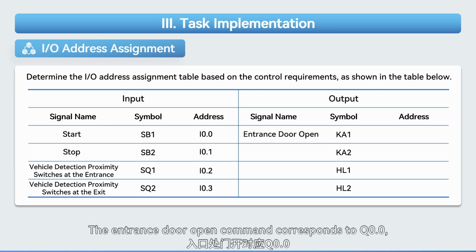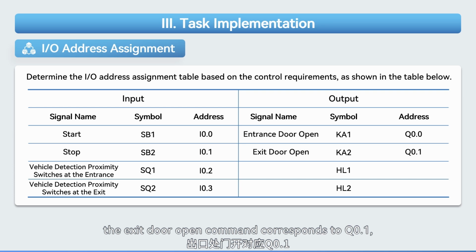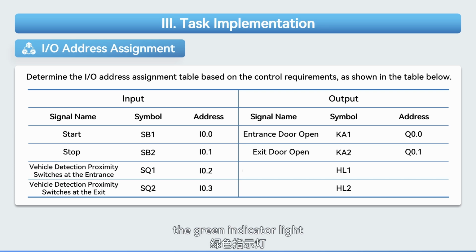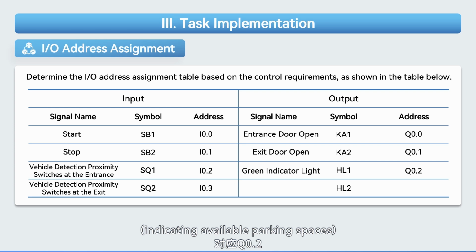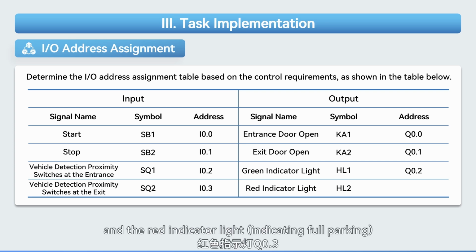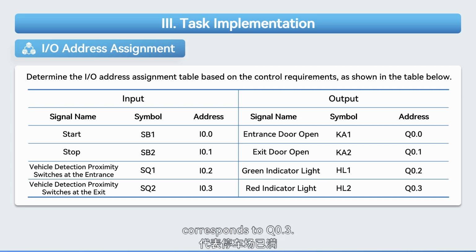The entrance door open command corresponds to Q0.0, the exit door open command corresponds to Q0.1, the green indicator light, indicating available parking spaces, corresponds to Q0.2, and the red indicator light, indicating full parking, corresponds to Q0.3.